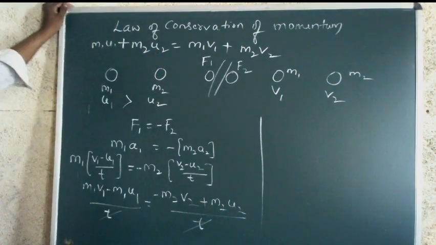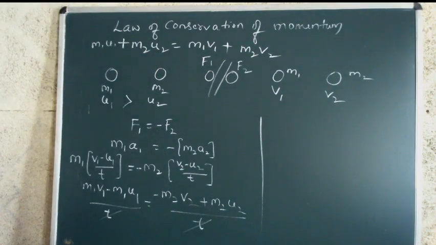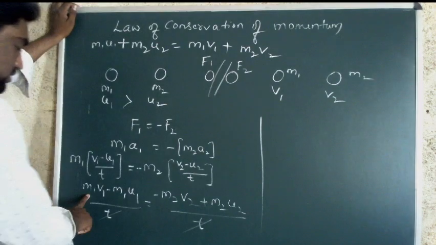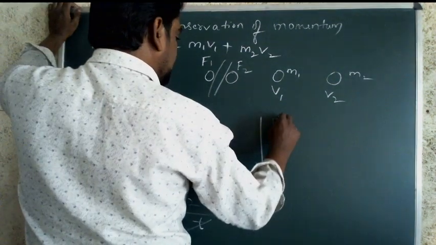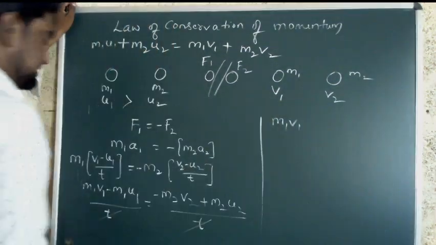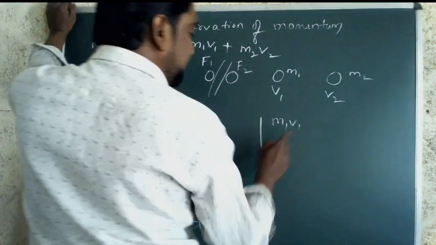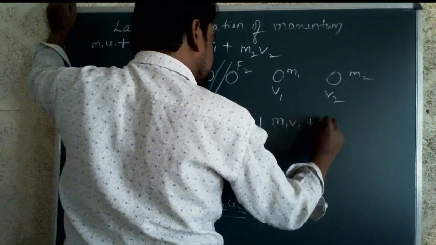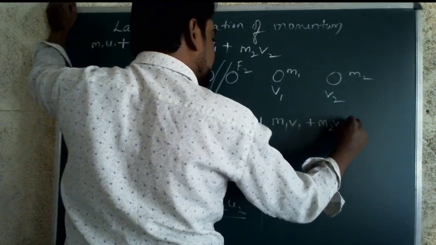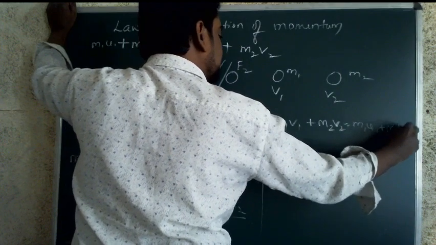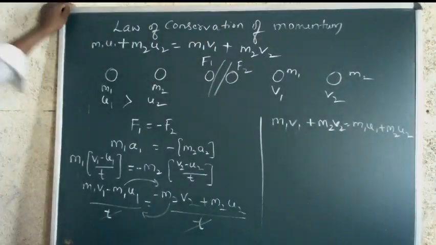Now check what you get. Observe this correctly. If you transpose, m1 v1 I'll keep as it is, u1 I'll send, and v2 I will take this side. v terms one side, u terms one side. We get m2 v2, m1 u1 plus m2 u2.